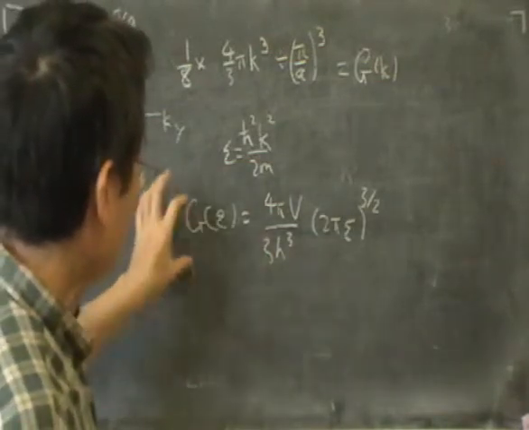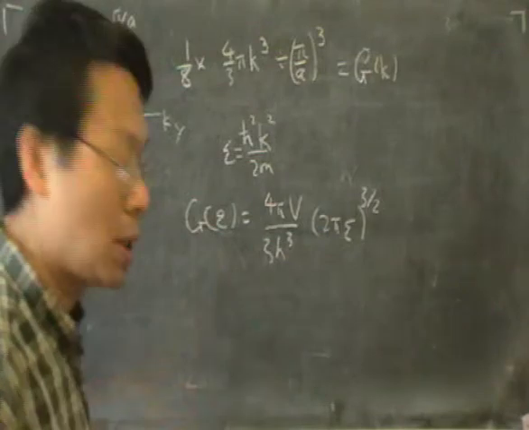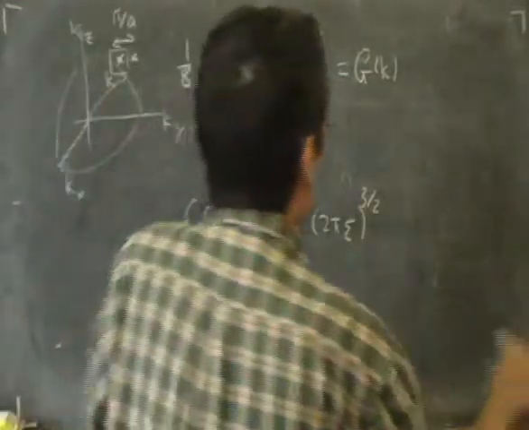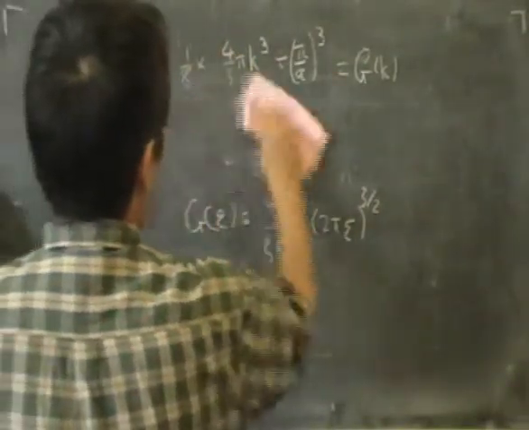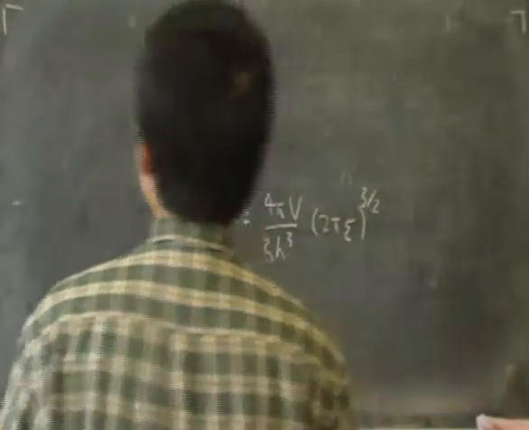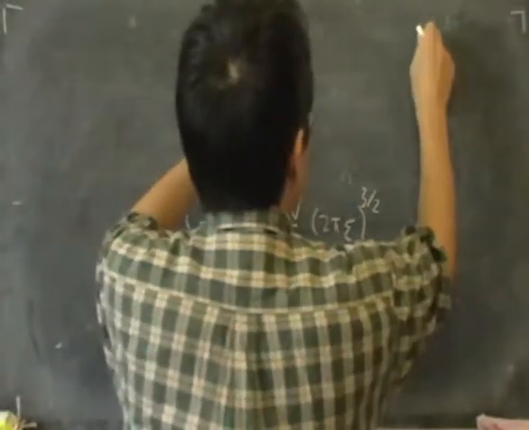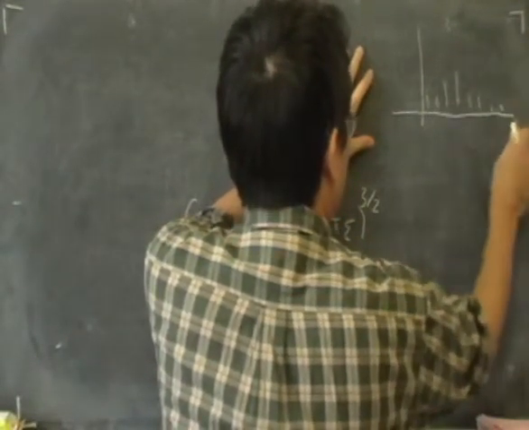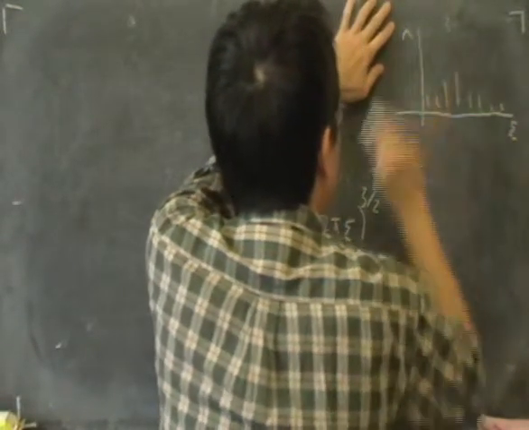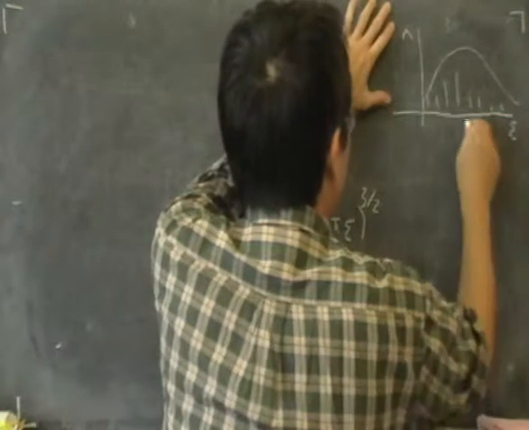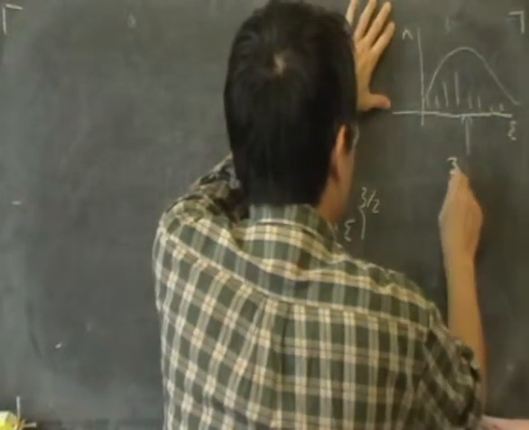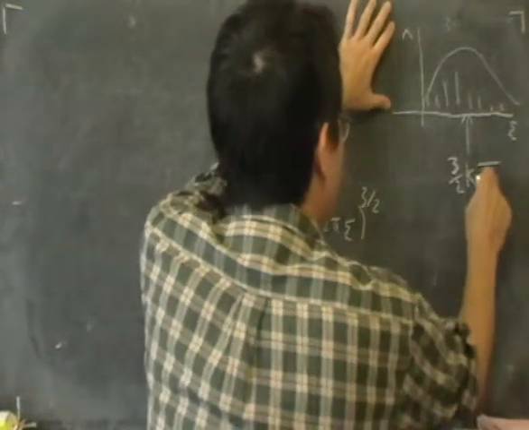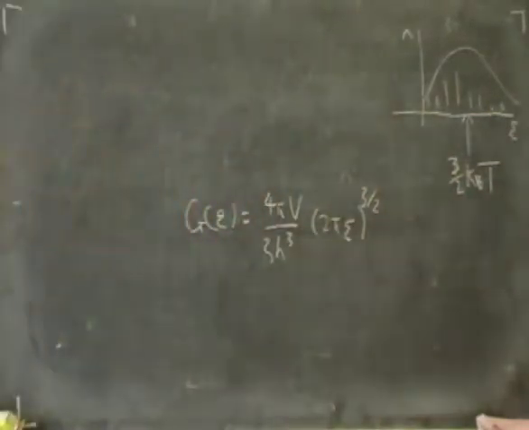So now that we have this expression for the total number of states below a certain energy, we can find the number of states below the average particle energy. So what we had was this picture of energy states and particle number, and we are interested to find the number of states below the average 3/2 kBT, the average particle energy, right.